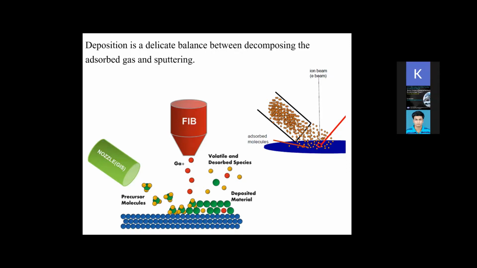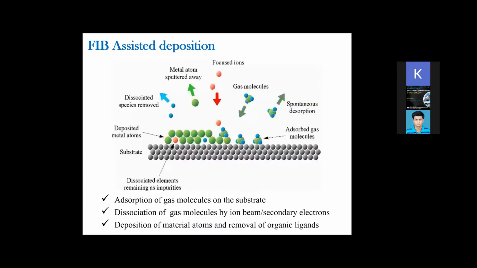Now you scan the sample with your gallium ion. When it scans, these ions will interact with your gaseous substance. Also, not only the primary ions, whenever the ions are interacting with your sample, it will create secondary electrons and also secondary ions.